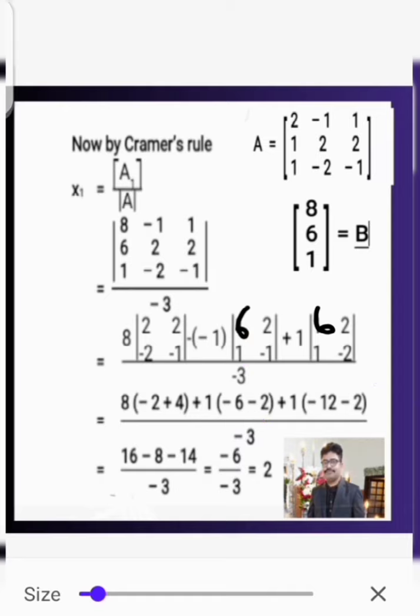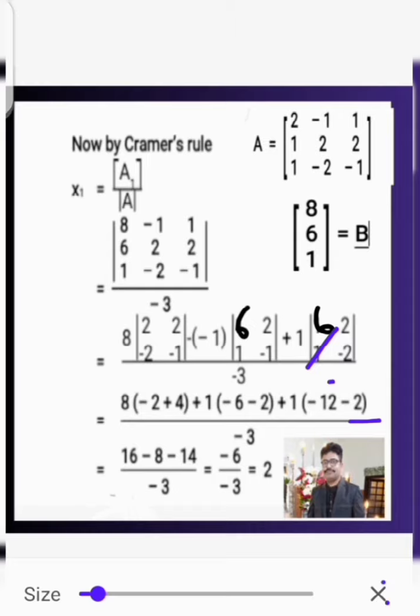You know the procedure of the 2 cross 2 determinant. Now I have written plus 1 here. 6 with 2 multiplied, I will get minus 12, and 1 multiplied by 2 is 2, and there is a minus sign between the cross product of the 2 cross 2 determinant, as you know.